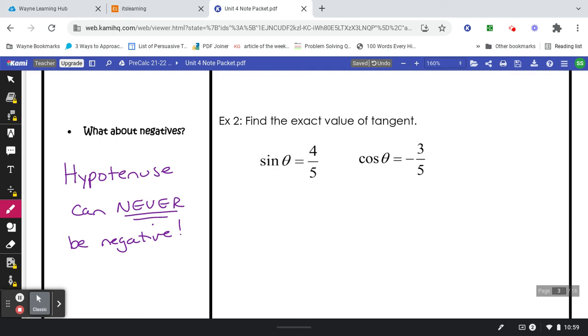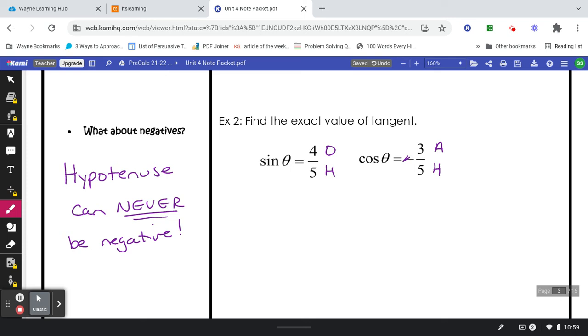So when we look at this first one, sine of theta equals 4/5, I don't see any negatives. I'm just going to label O and H. When I get to the cosine, I have a negative 3/5. And if you move a negative, you can either move it to the top or to the bottom. It means the same thing. But because cosine is A over H, I know that I cannot move it to the denominator because the denominator is H, and hypotenuse can never be negative.